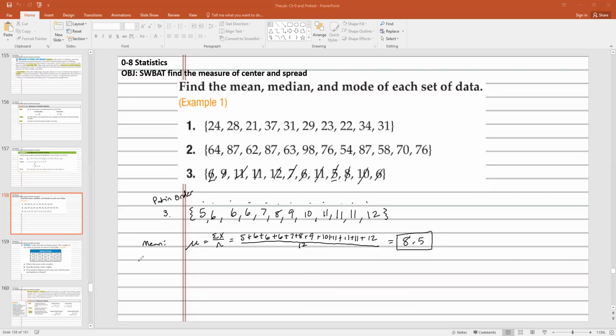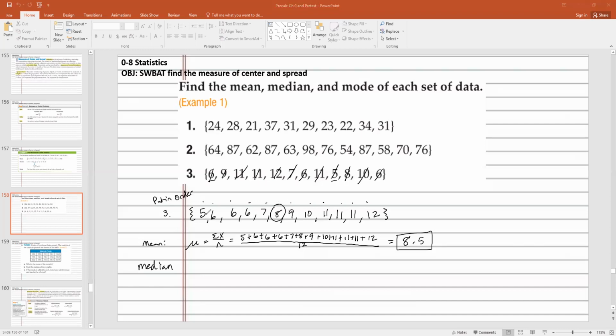All right. And then we get the median. The median is the number in the middle. We have 12 numbers, so 12 divided by 2 is 6. Okay. So 1, 2, 3, 4, 5, 6. So it's going to be 8.